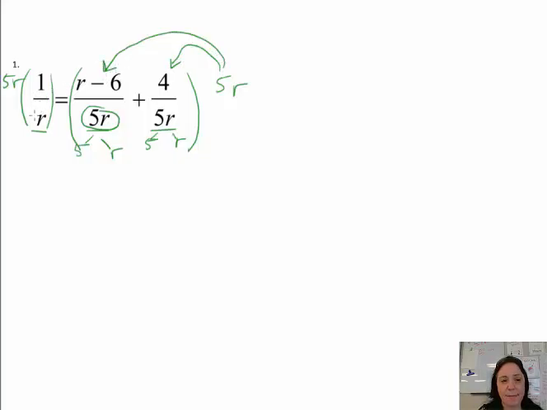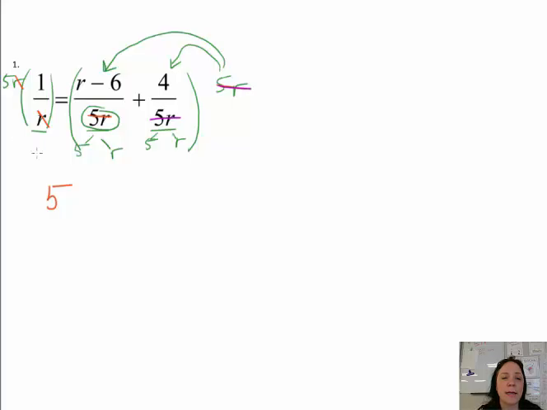So don't forget that. Here, my r is going to cancel with this r, and that's going to leave me with 5. This 5r is going to entirely cancel here, and this 5r is also going to entirely cancel here.